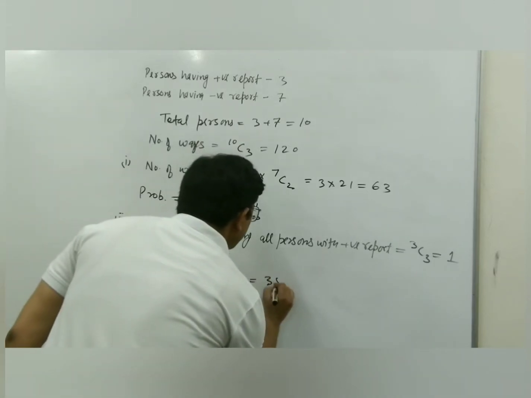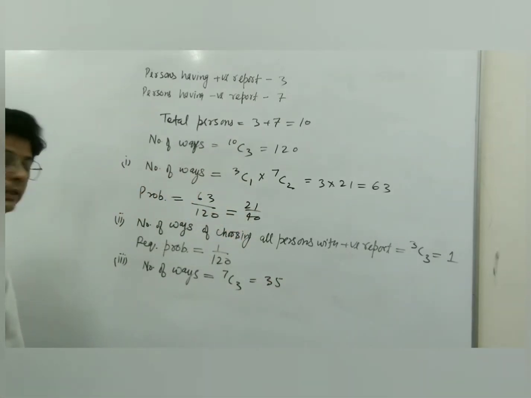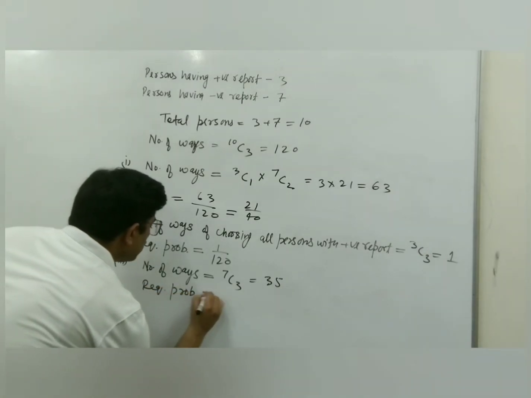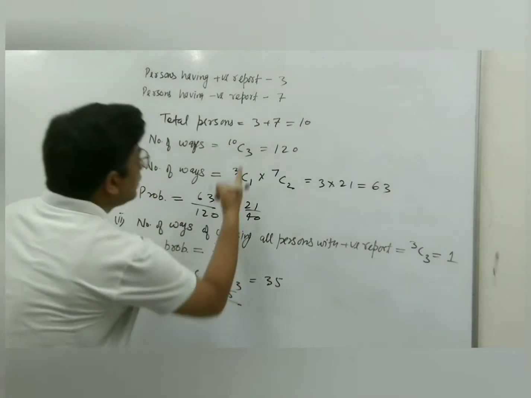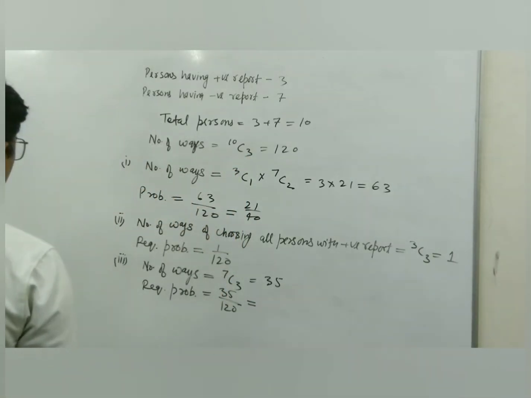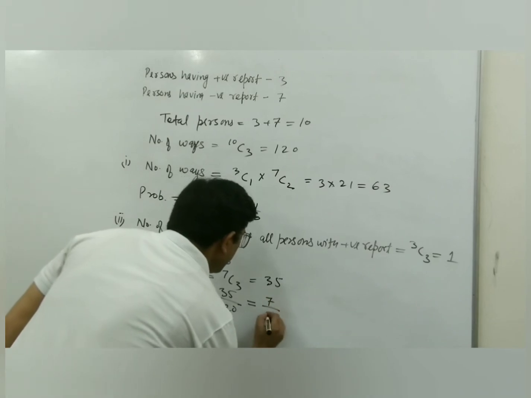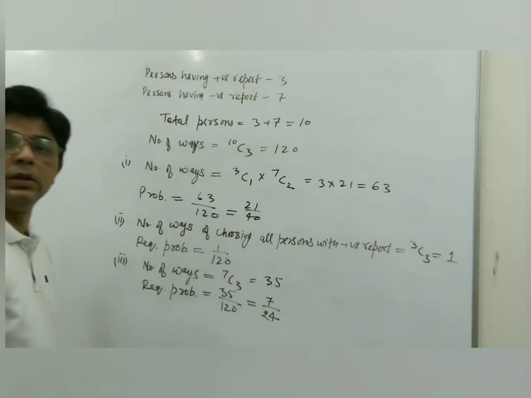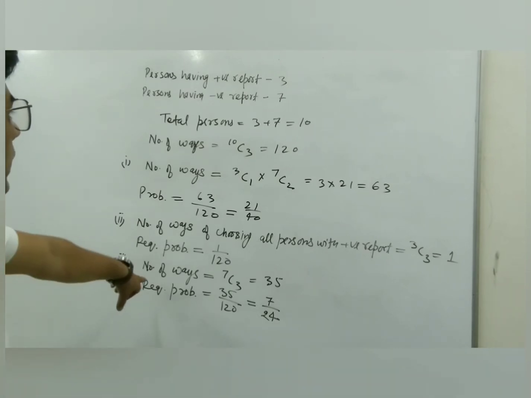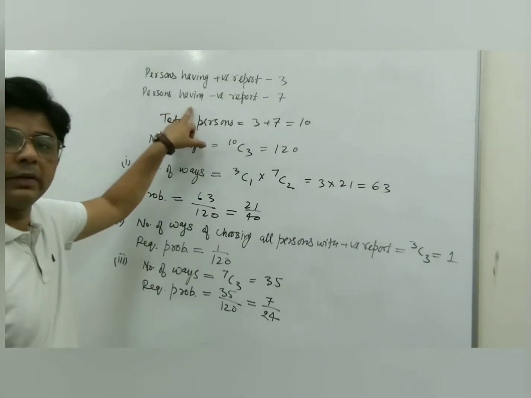This will be equal to 35. The required probability in this case, this is 35 upon total number of ways are 120, and after solving we can find this is 7 upon 24. So this is the probability when we have to find that all persons should have negative report.